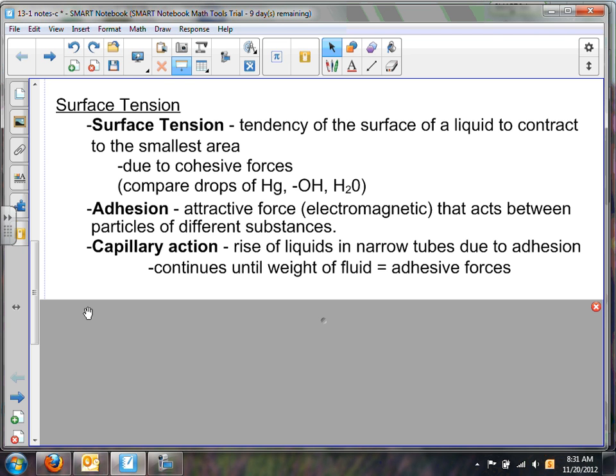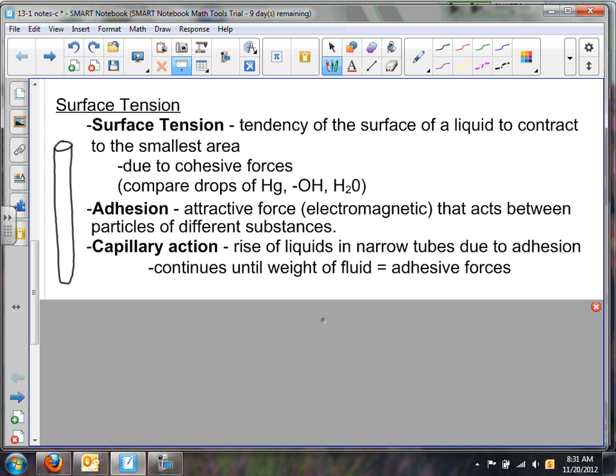So obviously, if I've got this narrow tube over here, and I'm sticking that in a beaker of water, this is all water, some of that water will go up into this tube and it will actually rise up into that tube a little bit, maybe like so.